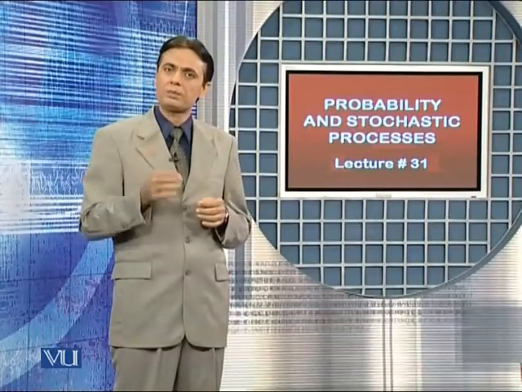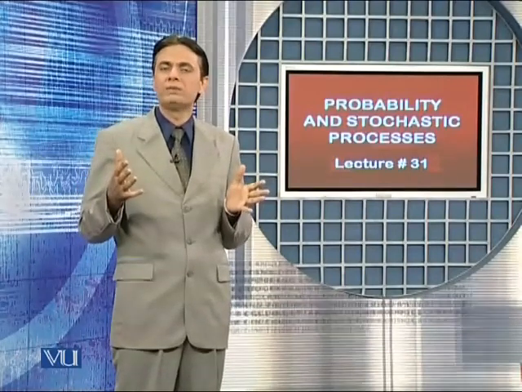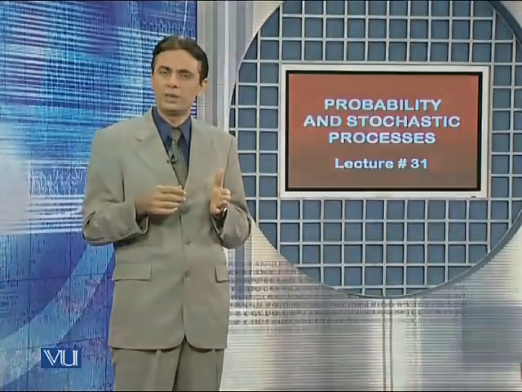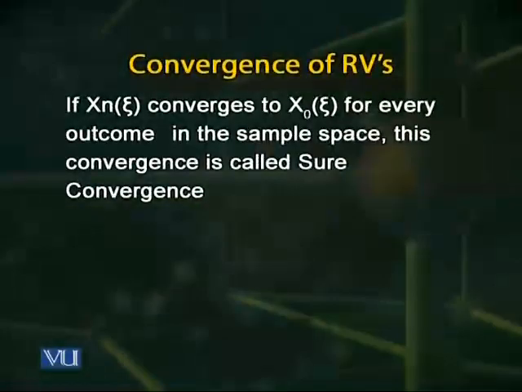So if we have a collection of random variables x1, x2, x3 all the way to infinity, and there is a destination random variable x naught, and for all outcomes in the sample space, the values of random variables for that outcome converge to the value of random variable x naught for that same outcome, then all these random variables converge to x naught in a manner which is called sure convergence.